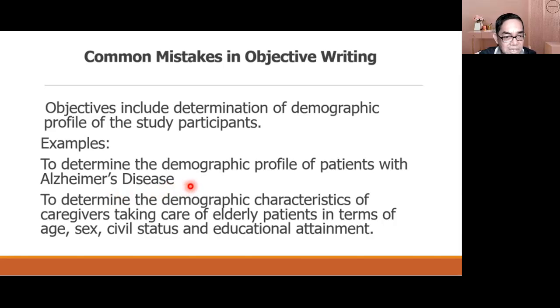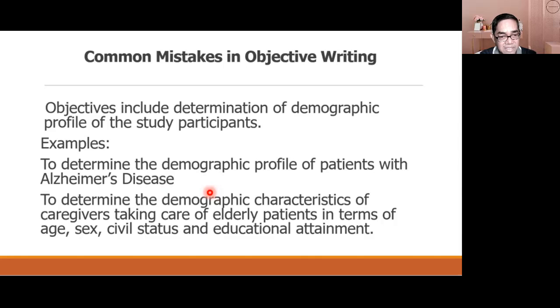And you don't talk of demographic profile. We don't talk of demographic profile as an objective, even if the demographic profile is a factor in Alzheimer's disease. You go specifically to that objective to determine the factors affecting Alzheimer's disease in terms of, and if you are talking of demographic profiles, in terms of age, sex, educational attainment, etc.